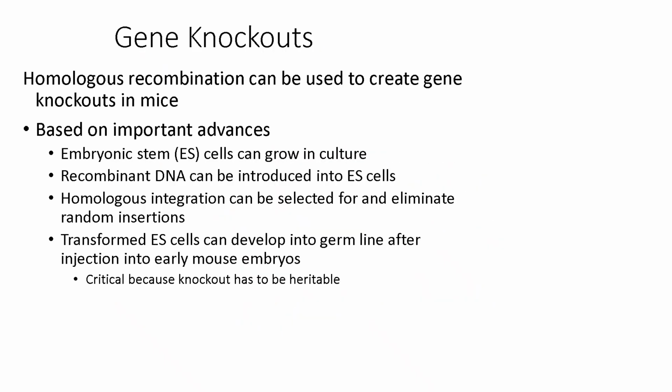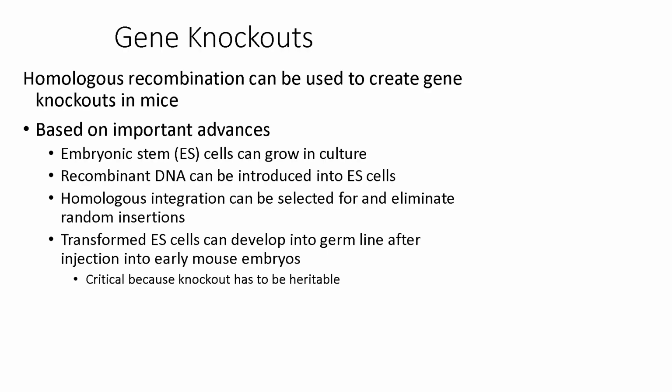Gene knockout technology takes advantage of homologous recombination to disrupt specific genes in mice. This approach was made possible by advances in culturing embryonic stem cells, which can be genetically modified in vitro and then introduced into early mouse embryos.